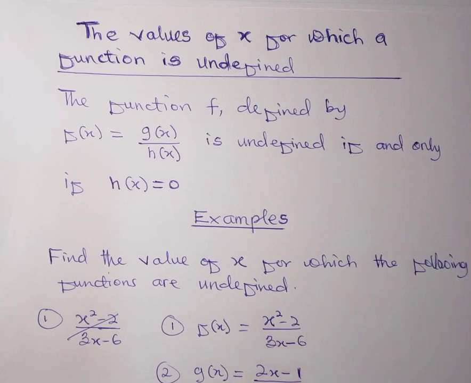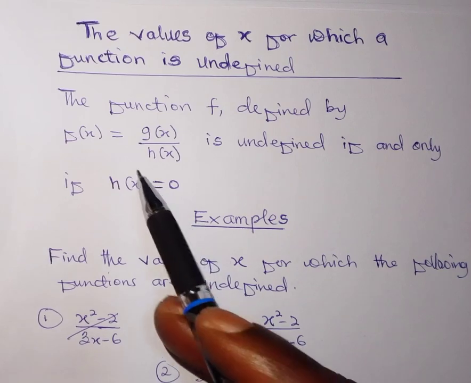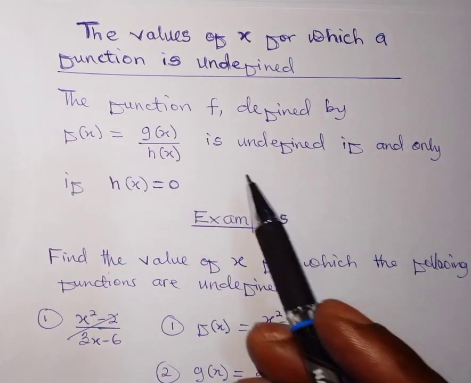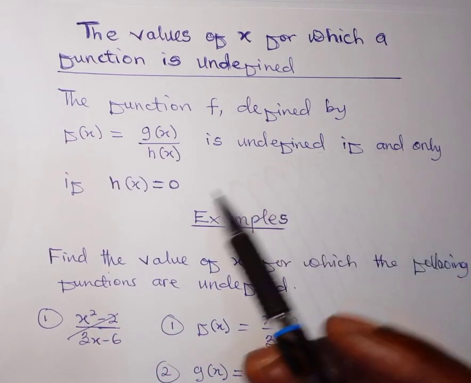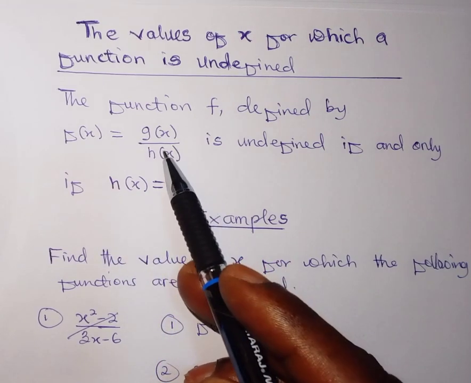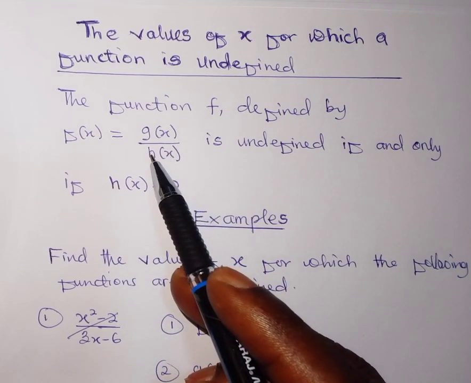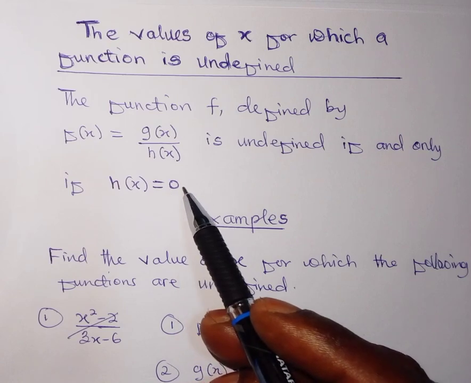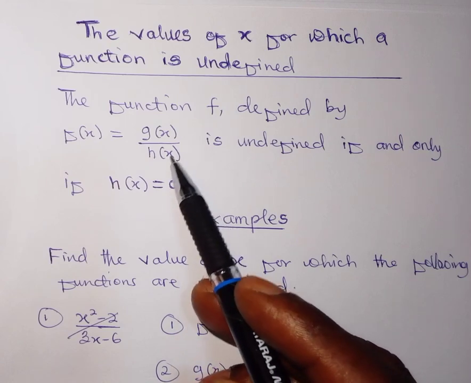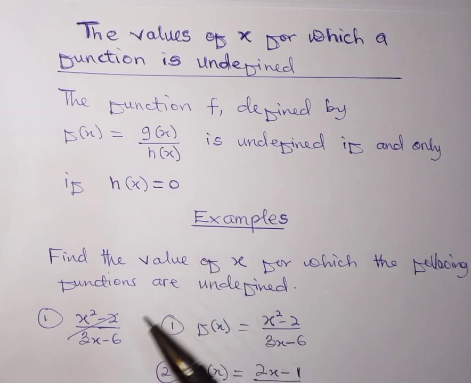So in this case, what we are saying is that if you have these rational functions, it can only be undefined if and only if the denominator, which is h at x, is equal to 0. So when the denominator is equal to 0, then the function can be undefined.